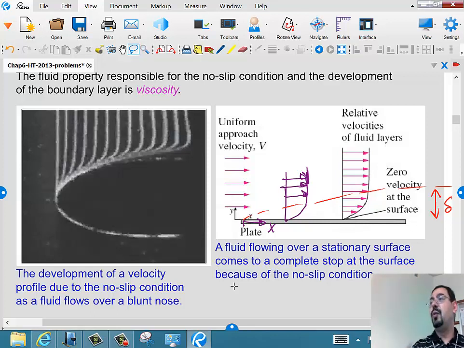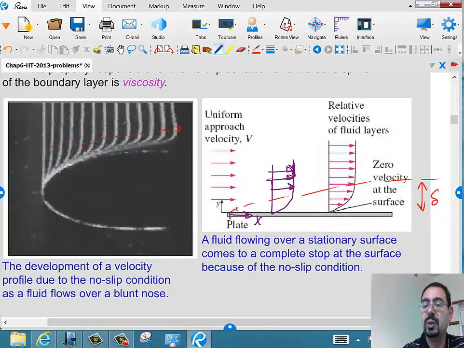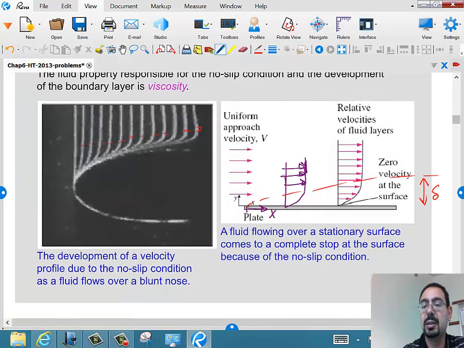So as this thing grows over a bluff body like this, you can see how the boundary layer thickness basically changes from one location to the other, right? And therefore, the temperature profile also will change. So this is called the boundary layer thickness.